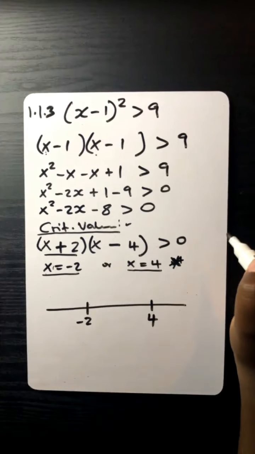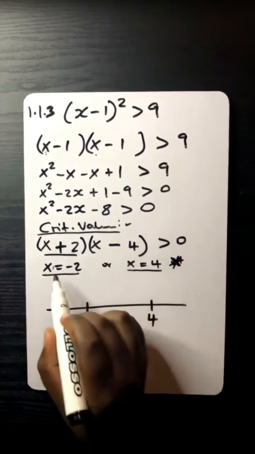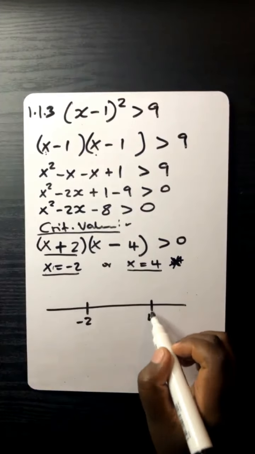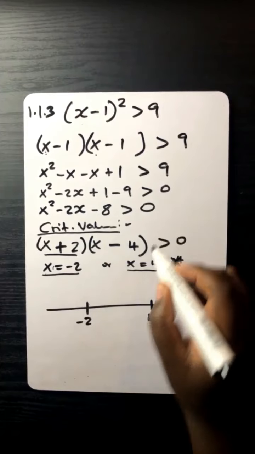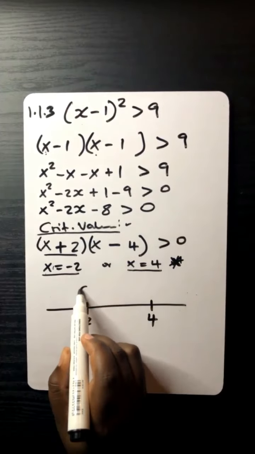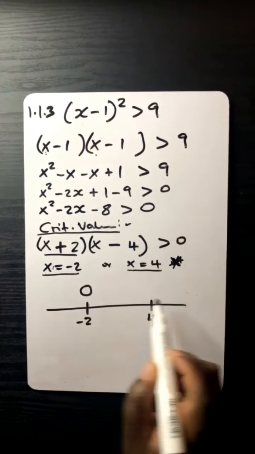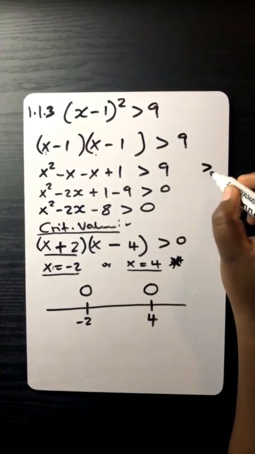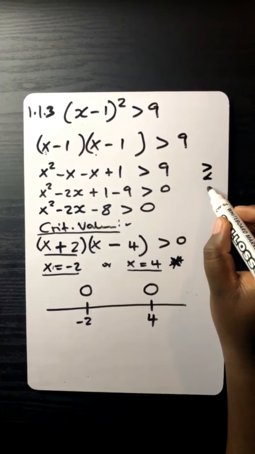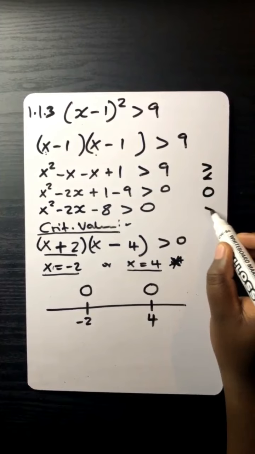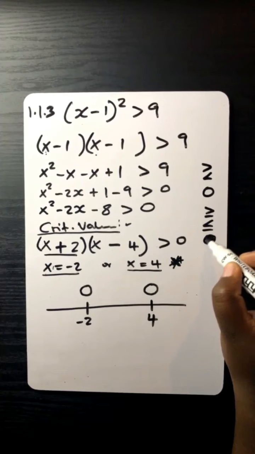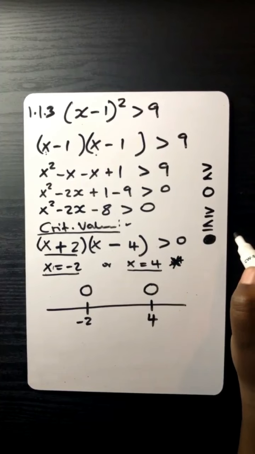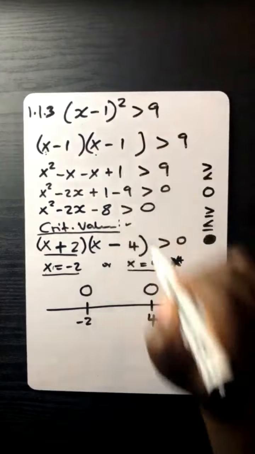Okay. So, ladies and gentlemen, because now we've got our critical values, we represented them on our number line. This is where we can make the circles. Remember, if it's greater than or equal to, or less than or equal to, we make a circle and shade it. In this case, they just said greater than.